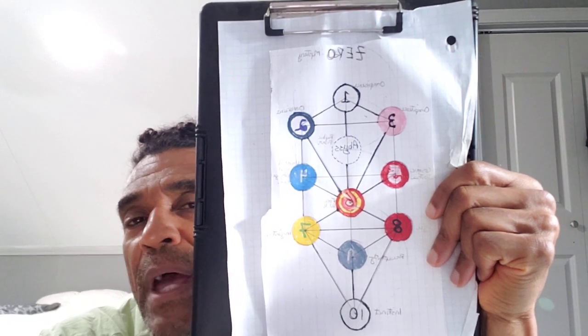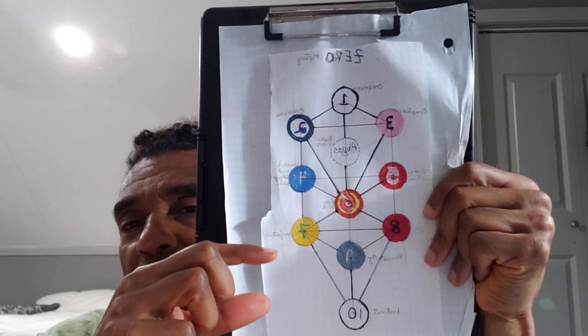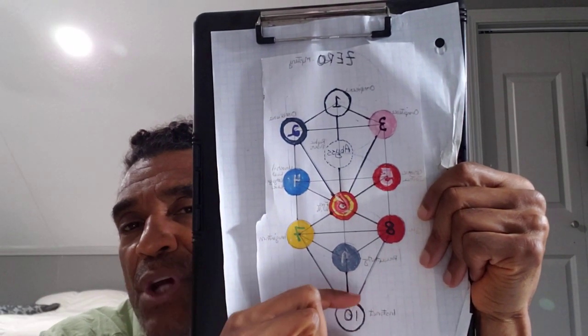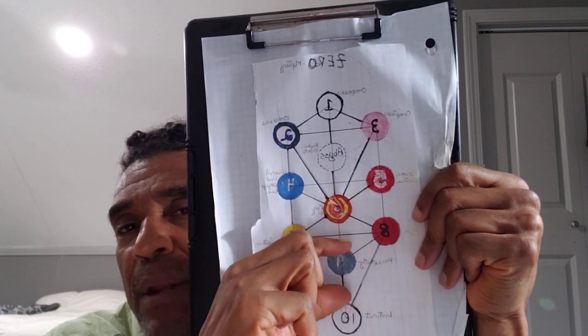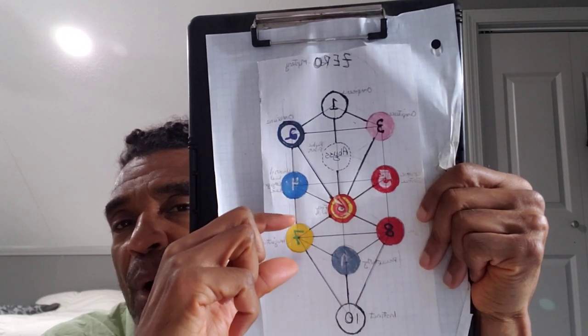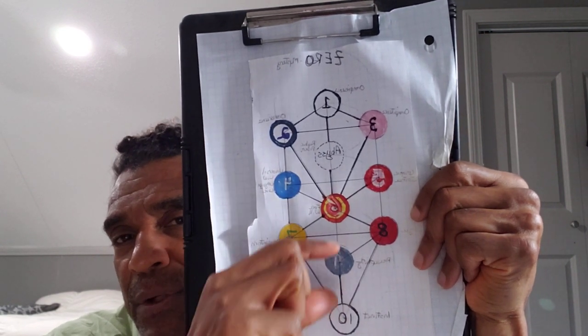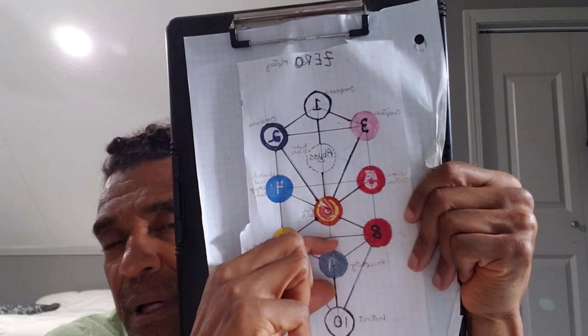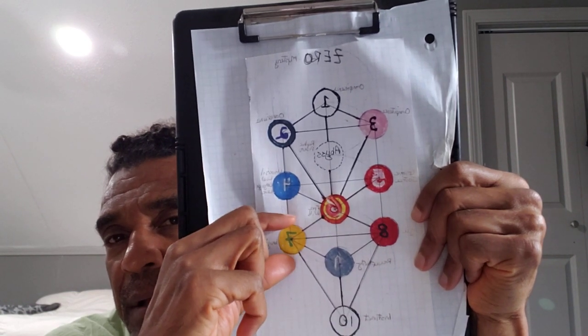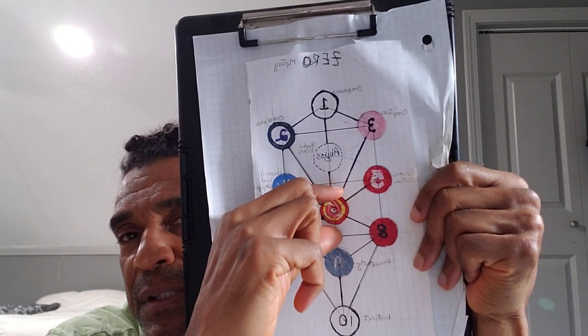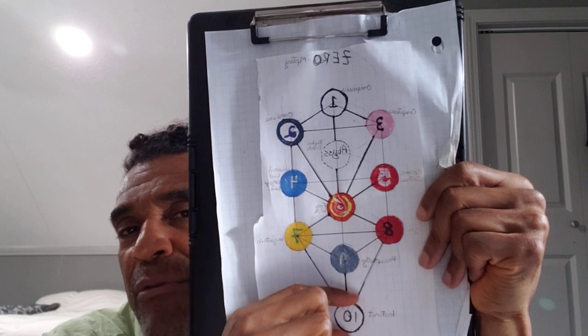The way we do that is we take the whole tree and shrink it down to the size of just one sphere, and then we superimpose it on each sphere. So basically, you're imagining a mini tree on the ninth sphere, a mini tree on the seventh sphere, a mini tree on the sixth sphere, and so on. A mini tree on every sphere.